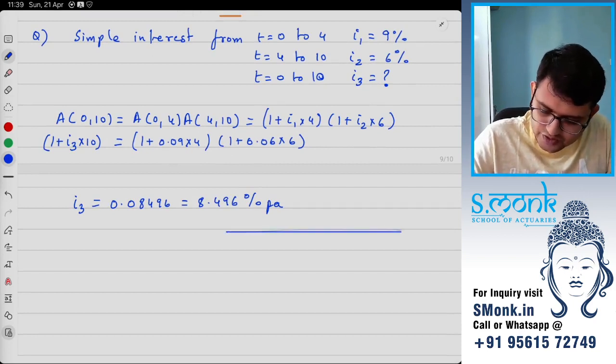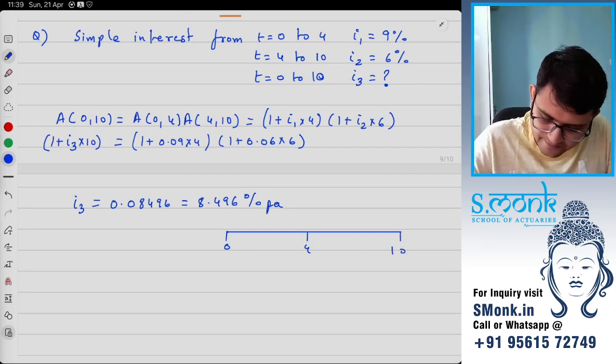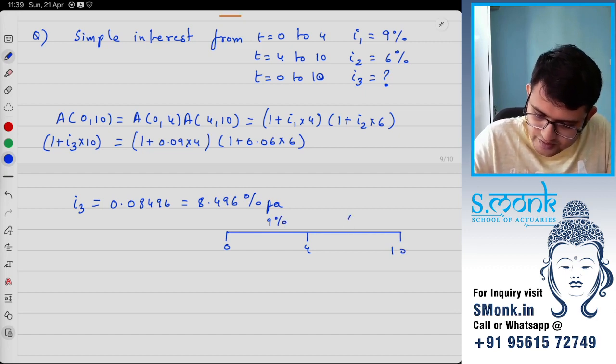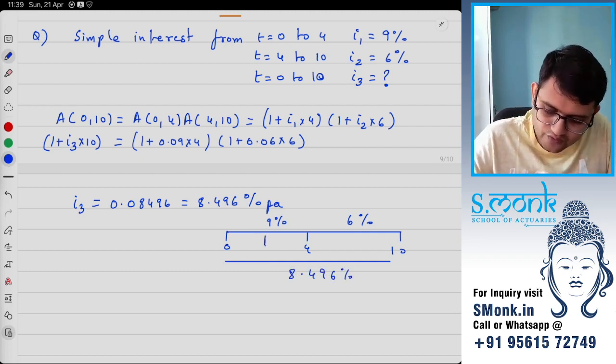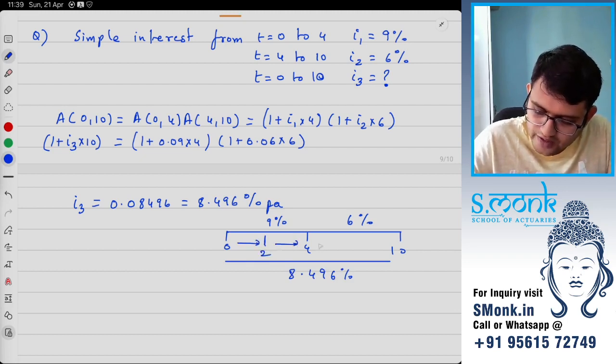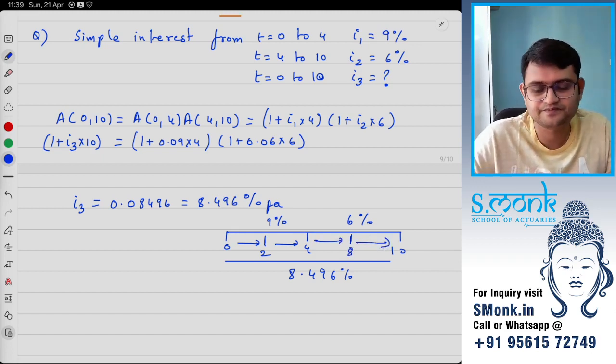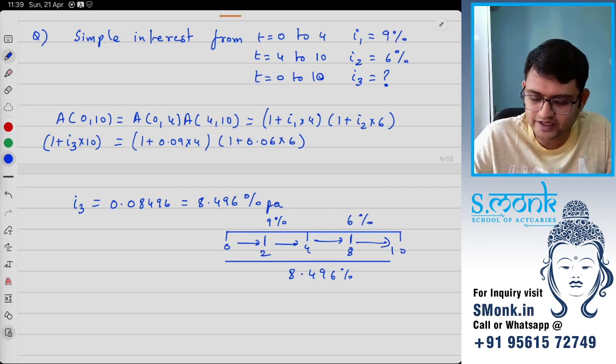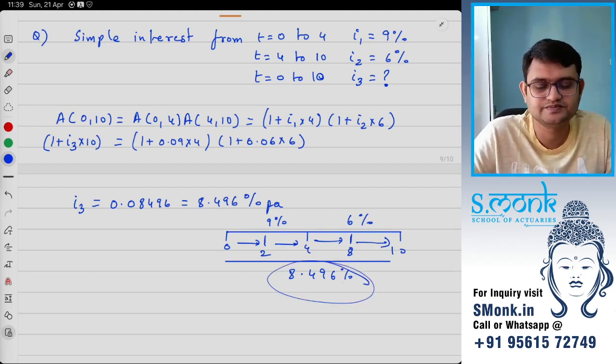So in this case, when I am going from 0 to 4, then 4 to 10, with these rates of interest, 9%, 6%, and from 0 to 10, I have 8.496%. So if I go from 0 to 2, then 2 to 4, and then let's say 4 to 8, and then 8 to 10, I will get a different answer than this.